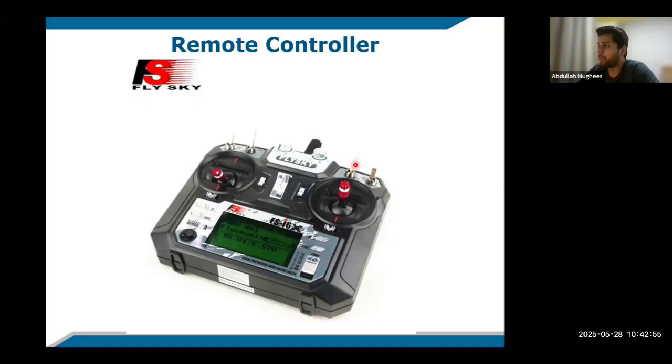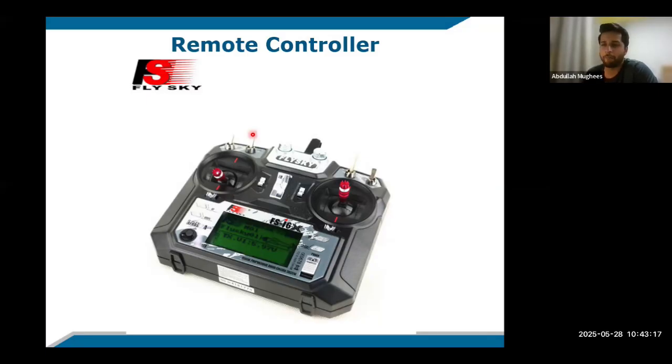And maybe you flick this button downwards and it will drop the pizza, or it will just grab some stuff and move on. So these switches, these are the channels basically. They can be used to perform different kinds of functions that you might want to use the drone for.